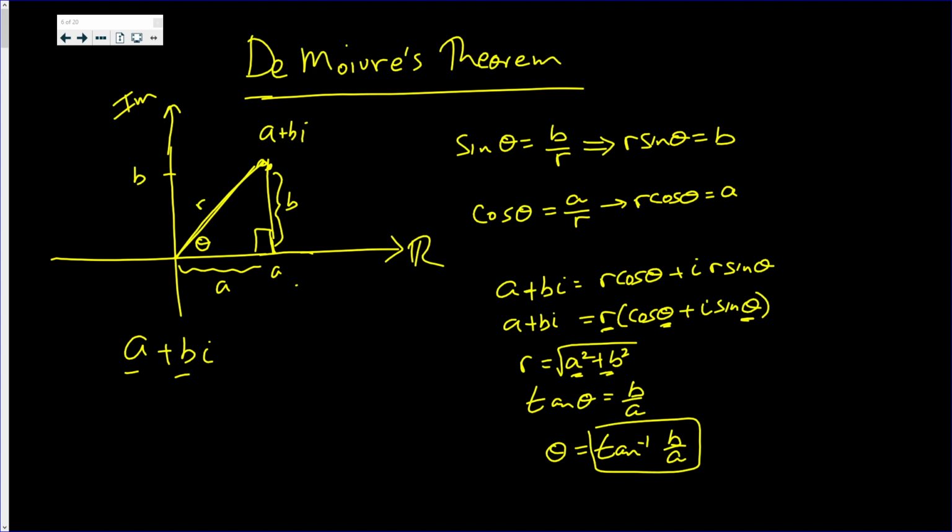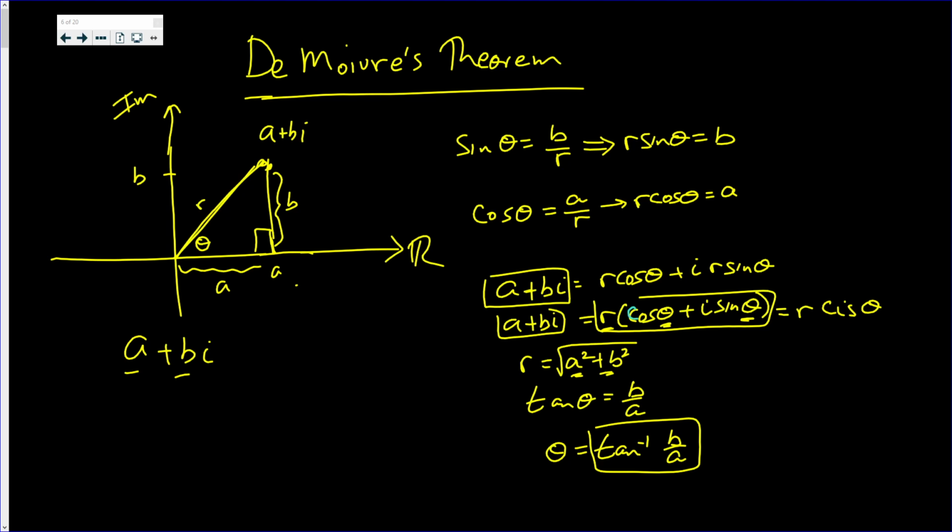Now, basically we wrote a plus bi in this form. This is called r times CIS theta.